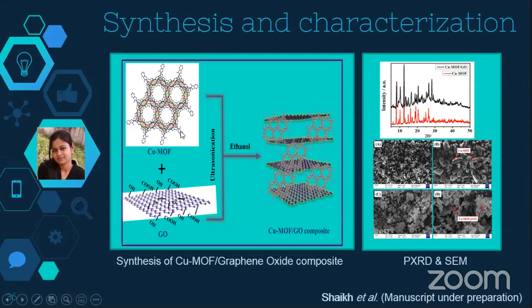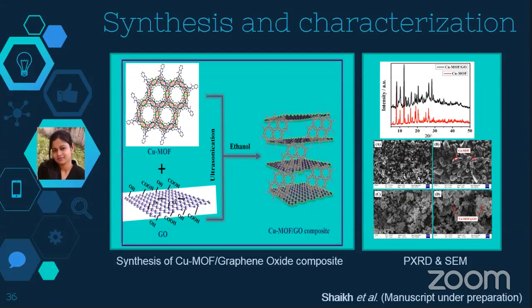But for this particular sensing purpose, we use the copper MOF along with graphene oxide. We made a composite of it by ultrasonication in ethanol, giving the copper MOF with graphene oxide composite. This was characterized by powder XRD. You can see a very strong peak at 25 2 theta, which corresponds to the graphene oxide peak.